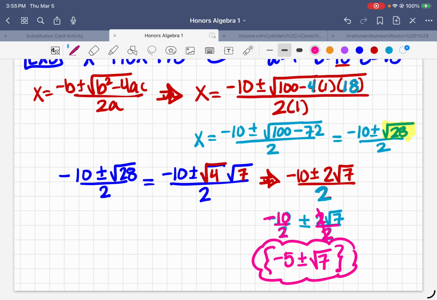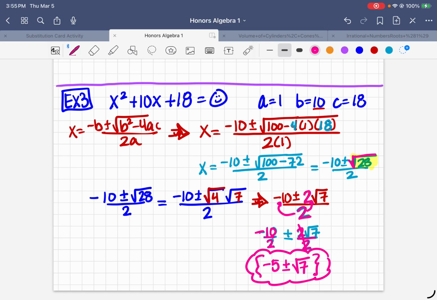After simplifying the square root of 28, I noticed that the denominator of 2 could divide into the negative 10, but it will also divide into that coefficient 2. It has to be both; it cannot be just one. So I split it up into its common denominators, and then I can simplify. Keep that in mind when you're doing the quadratic formula: your answer may not be done yet. You could still simplify at the end.